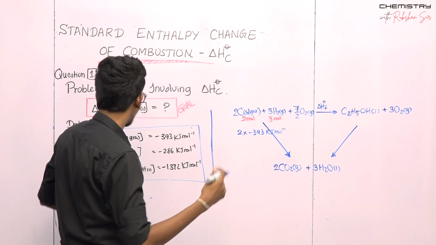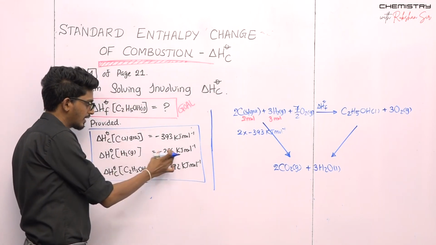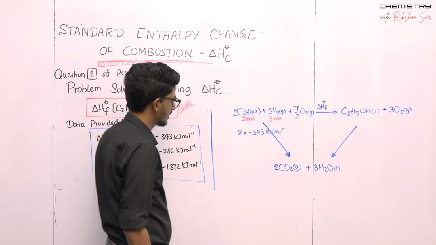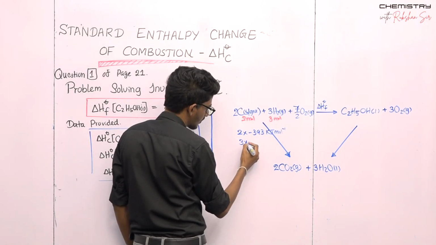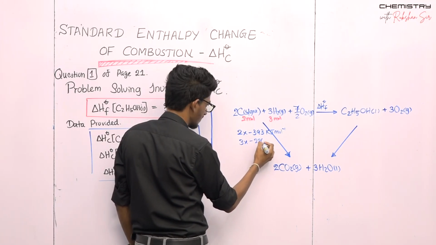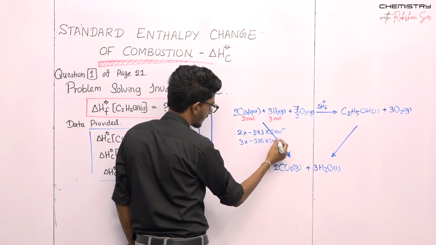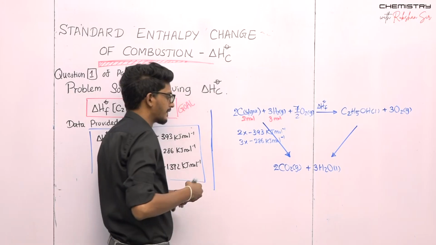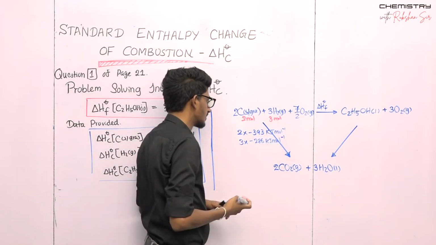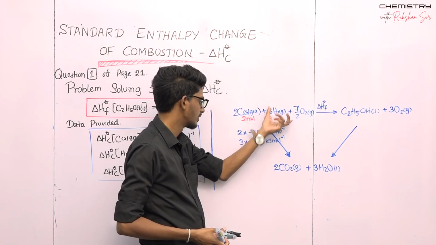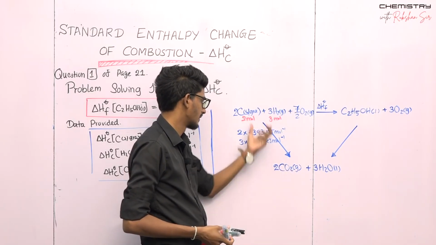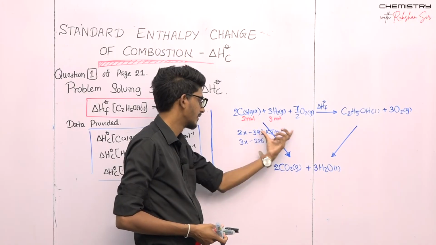To combust 1 mole of H2 gas, you need minus 286 kilojoules of heat. So now you need to combust 3 moles, so 3 into minus 286 kilojoules per mole. If you apply this total energy change, this state of your system will totally convert to this state of the system, right?